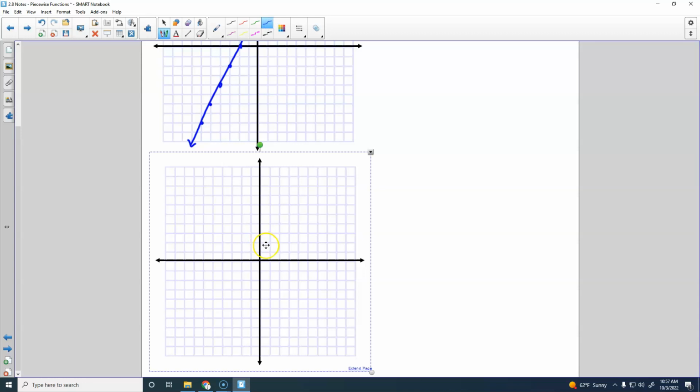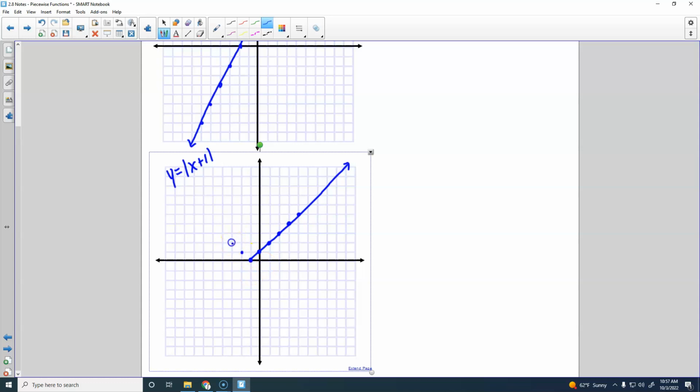Then your absolute value of x plus 1. The absolute value graph is the V graph like this. It is just being shifted to the left 1 unit. So that will look like this on the right hand side. It's going to have a slope of 1. Draw it on out to the ends of the graph.